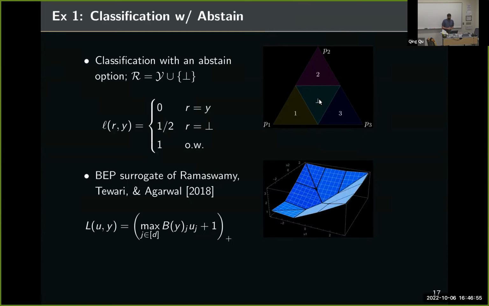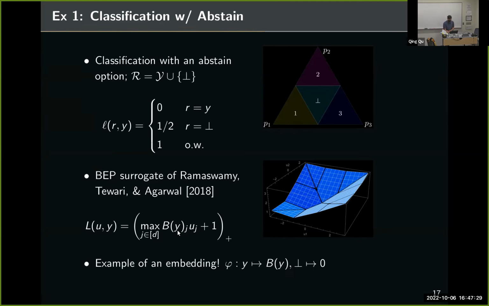And Ambuj and the co-authors have this very nice BEP surrogate, binary encoded predictions, that somehow manages to cram into log n dimensions if there are n labels. So a very cool surrogate that's consistent for this problem. That was actually a motivating example for our whole framework. And sure enough, it is an example of an embedding.